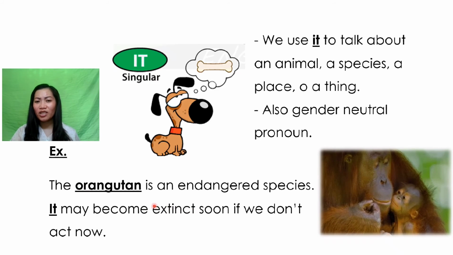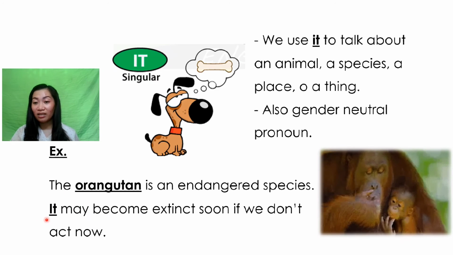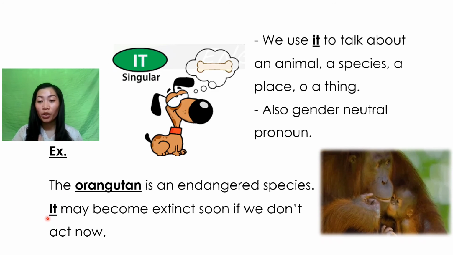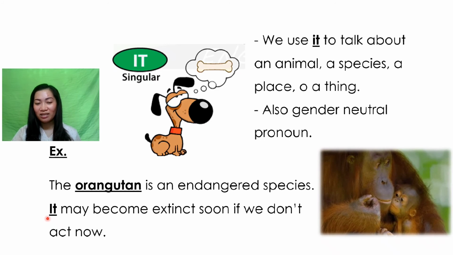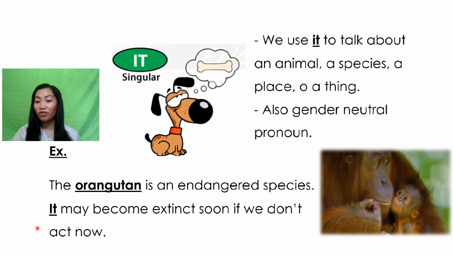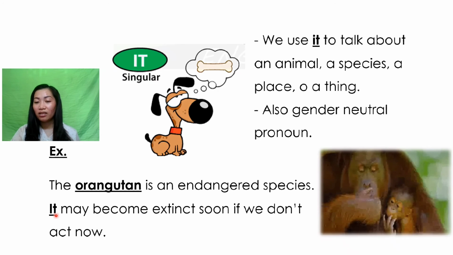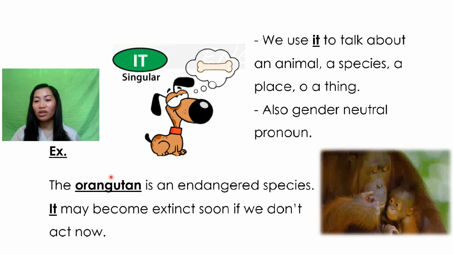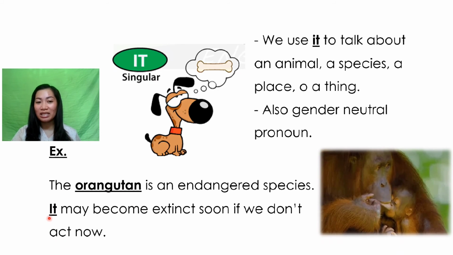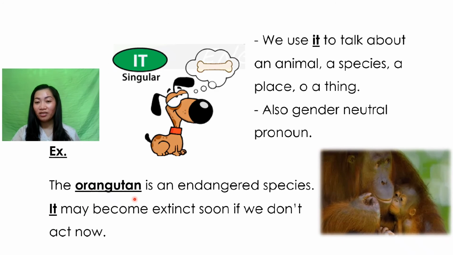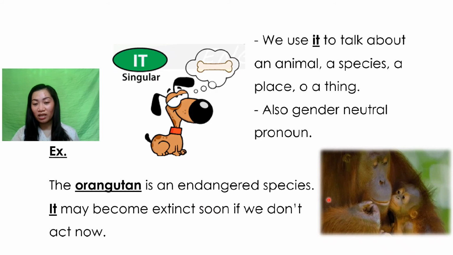Instead of using orangutan again, which is redundant, we can use the pronoun it. So we can understand already that it here is referring to the orangutan. Orangutan is an animal. It's a family of a monkey.